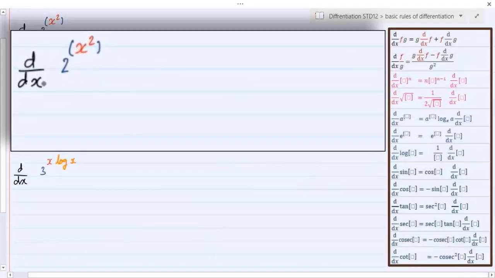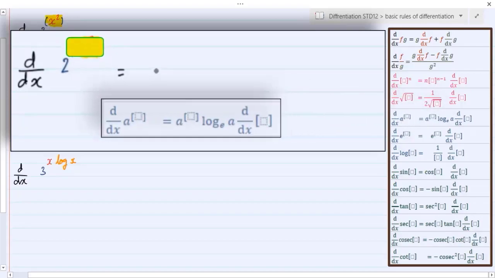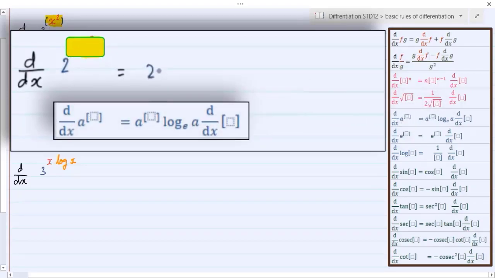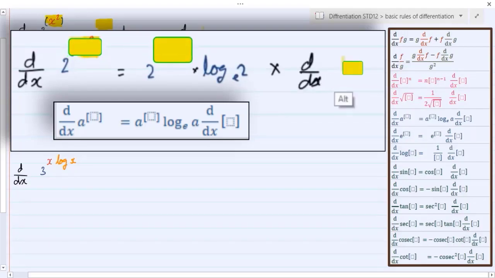In this question, we have to find d by dx of 2 raised to x square. So the outermost function is 2 raised to. So let's consider a box around the x square. So we just have to focus on differentiation of 2 raised to box, which is nothing but 2 raised to box into log 2 base e into, don't forget, d by dx of box.